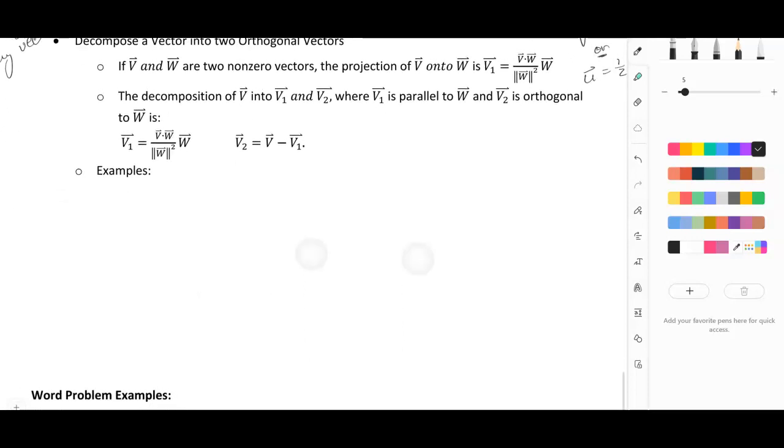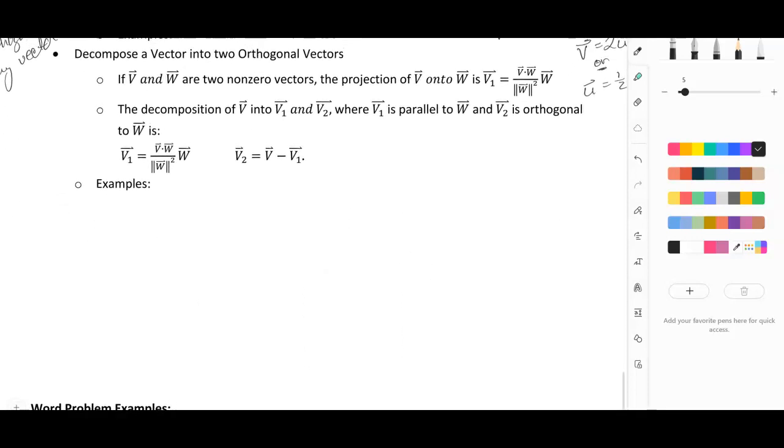All right, so now let's talk about decomposing. With decompositions, what we want to do is take one vector and project it onto another vector. So we're going to have v and w. We're going to deal with v and w here, two non-zero vectors, and we're going to project v onto w.